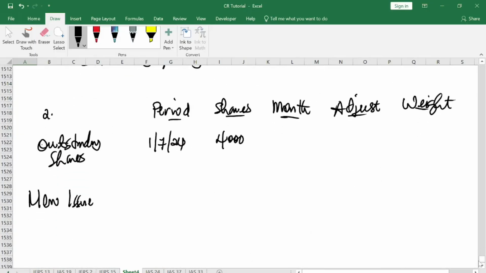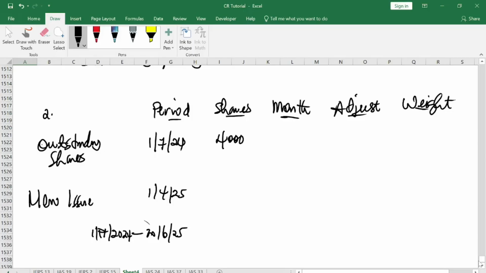All right, so come here. So the new issue and paid is 1st April 2025, because the accounting year starts from 1st July 2024 to 30th June 2025.